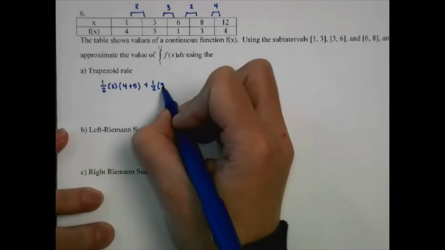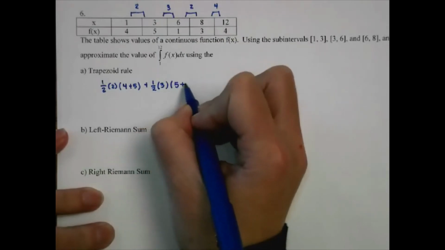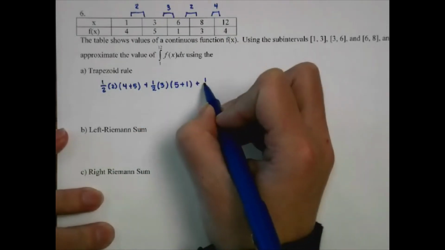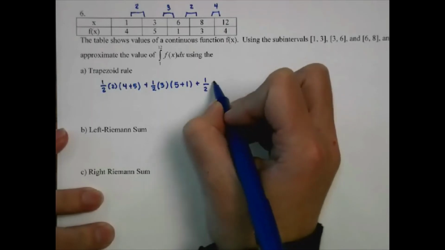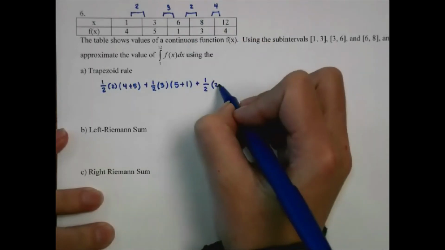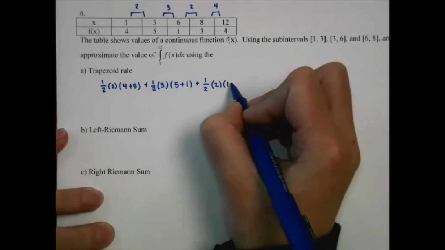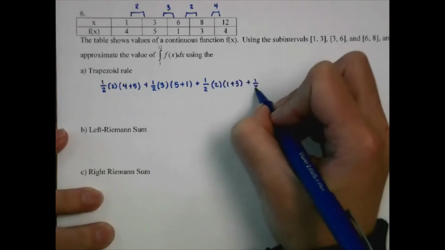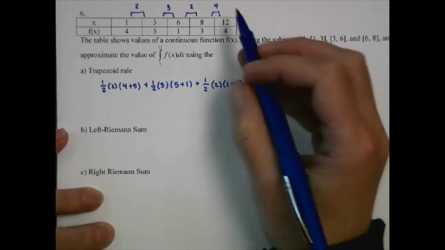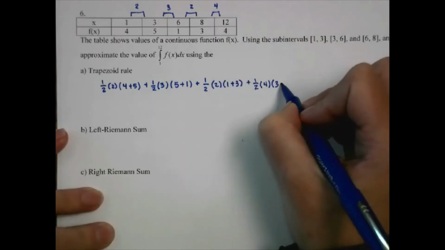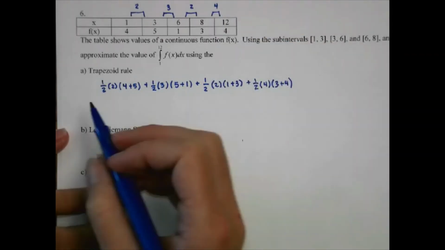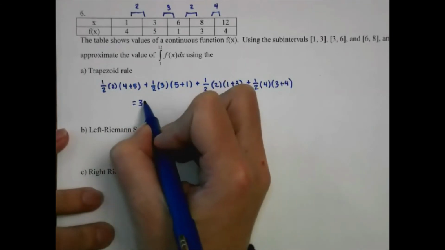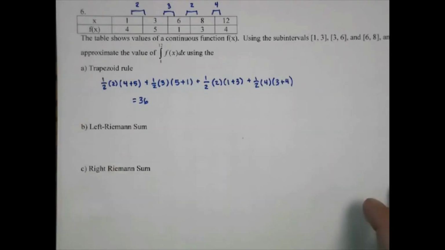The second one's width is 3. 5 plus 1. Our third trapezoid, 1/2. Its height is 2. We have 1 plus 3. 1/2 times 4 for this one. 3 plus 4. When you plug all that in, you'll get 36.